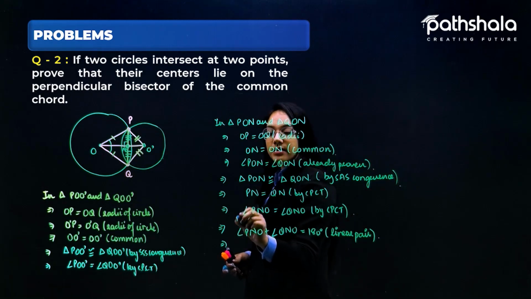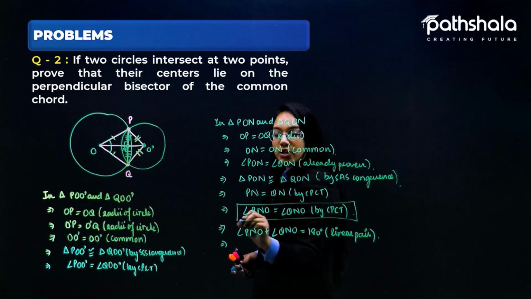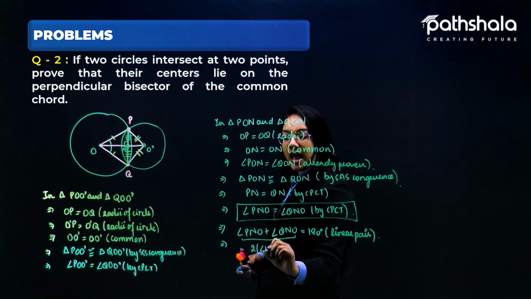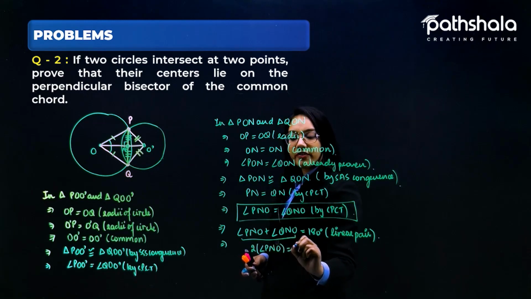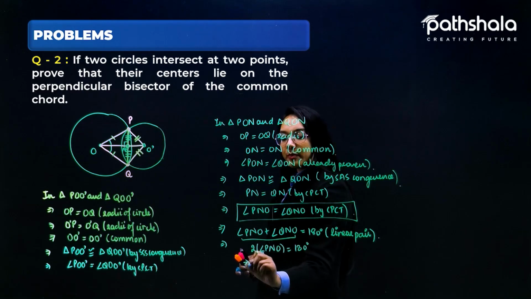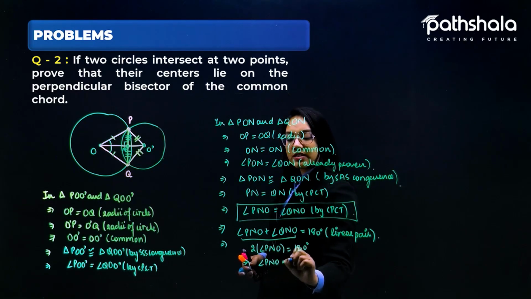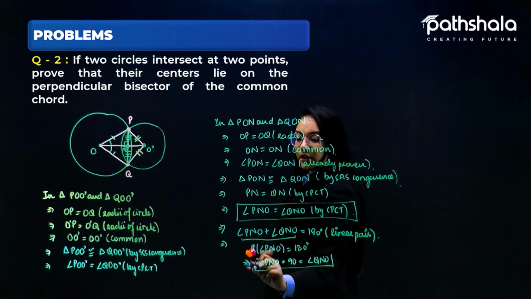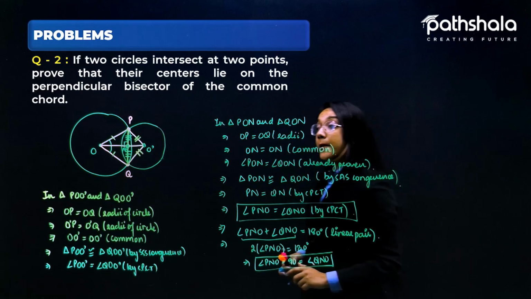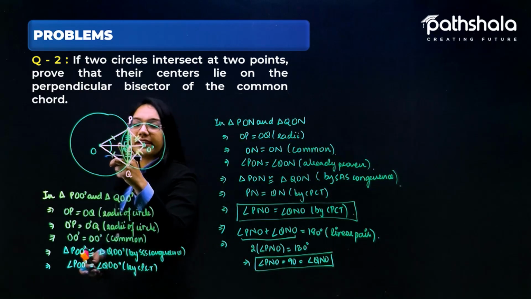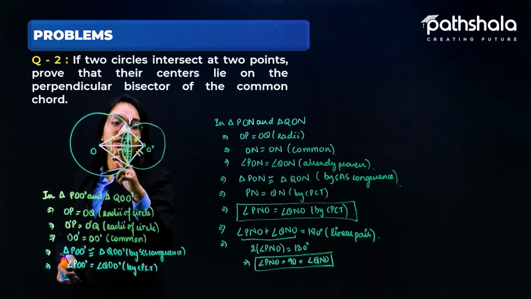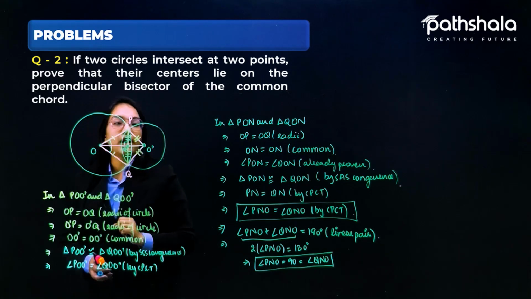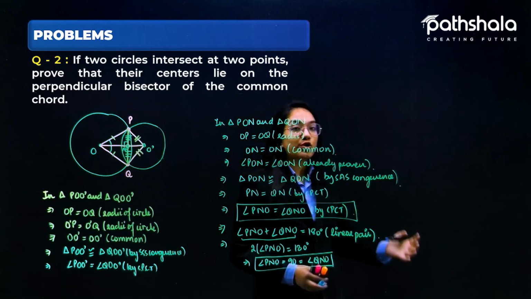Since both of these angles are equal to each other, twice the angle PNO is equal to 180 degrees, which implies the angle PNO is equal to 90 degrees, and so is the angle QNO. Now you can see that this angle is 90 degrees, this angle is 90 degrees, and moreover this side and this side are equal to each other.